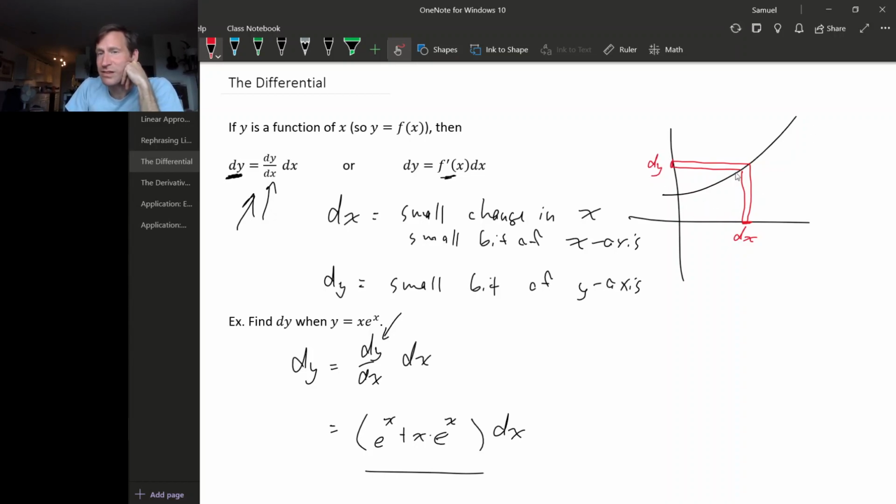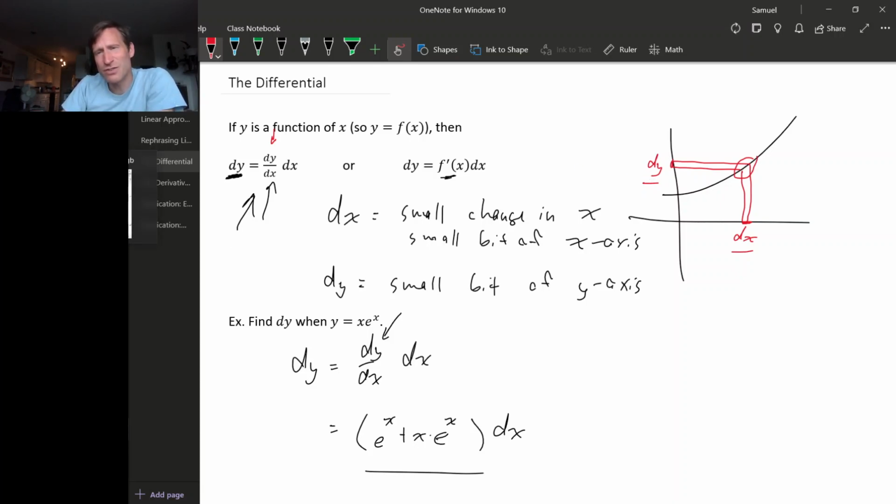And because y is a function of x, there's a relationship between these two little bits in each direction. To know what that relationship is, it depends on how much this part of the graph is slanted. But that's exactly what the derivative tells you. So the derivative is really a translation factor that tells you how much a change in x gets magnified into a change in y. So let's have a closer look at that.